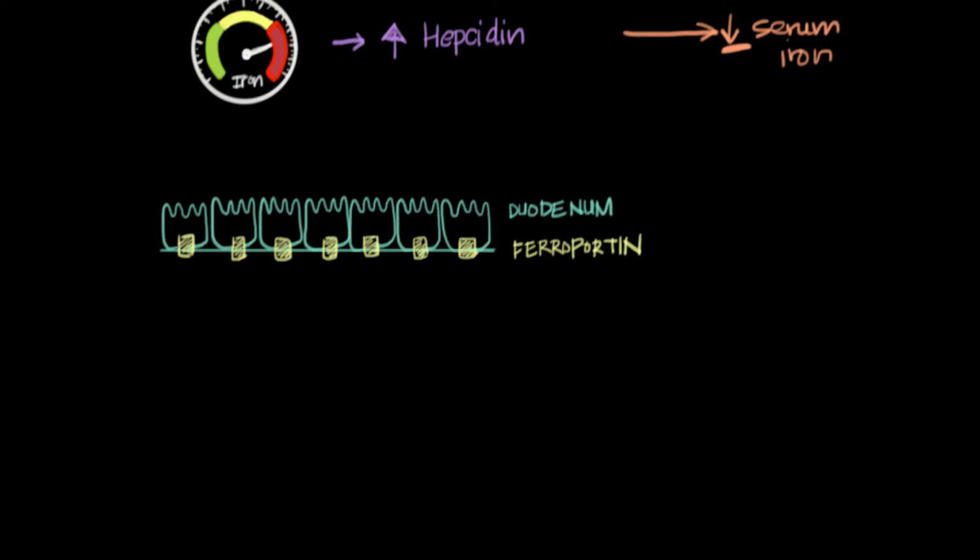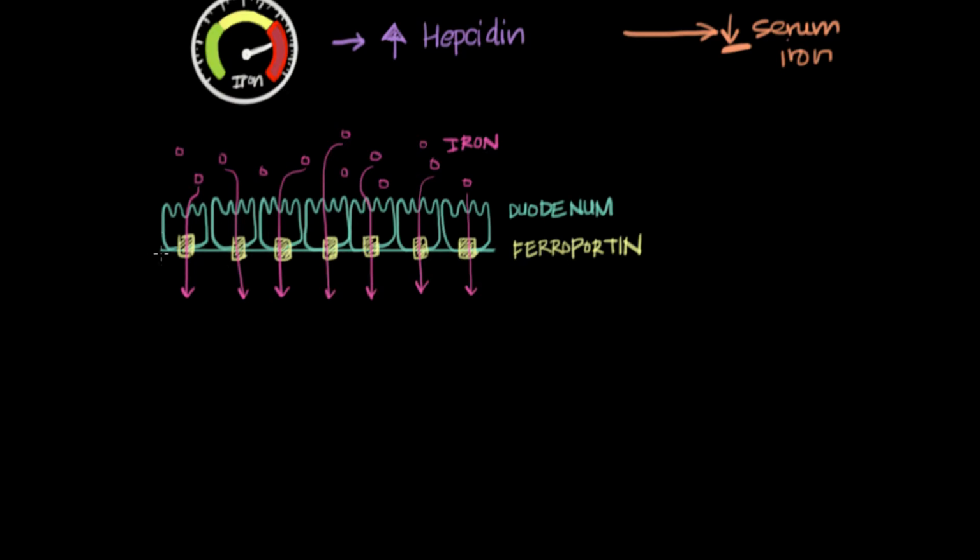Ferroportin is what allows the iron to go across these cells and be absorbed into the bloodstream. Hepcidin comes in and blocks the ferroportin channels, and by doing so, it inhibits the absorption of iron from the gut. So that's the first way in which hepcidin acts to decrease serum iron levels.